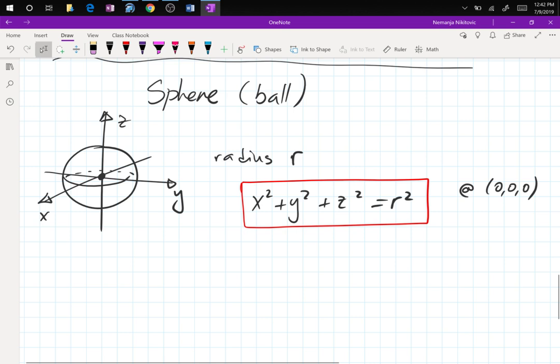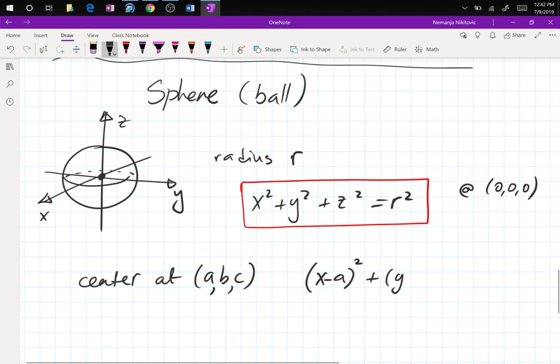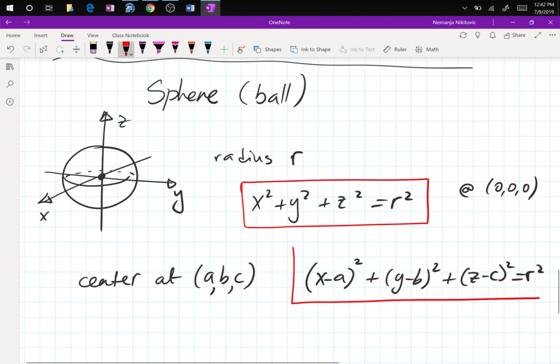So we can center the ball anywhere we want in the universe. So center at, let's say, ABC point in the universe will give you x minus a squared plus y minus b squared plus z minus c squared equals r squared for the sphere centered at ABC.